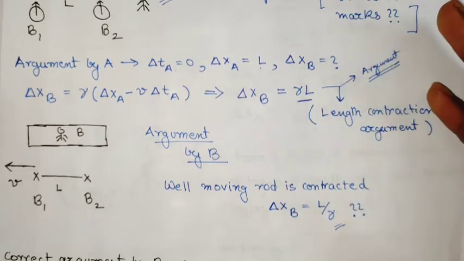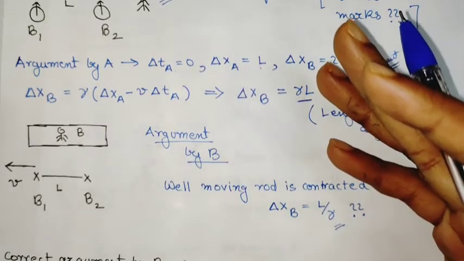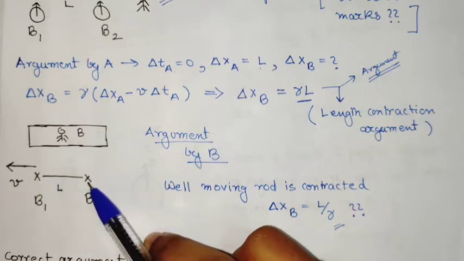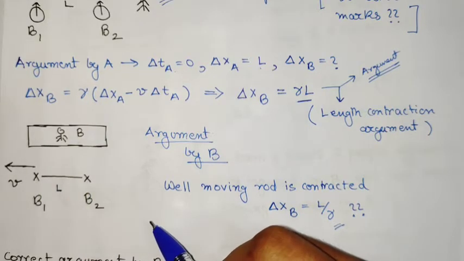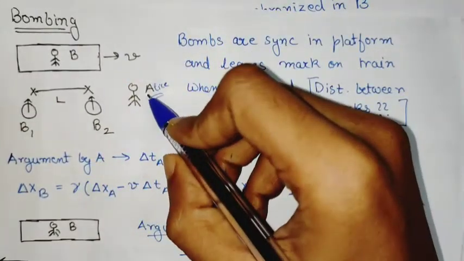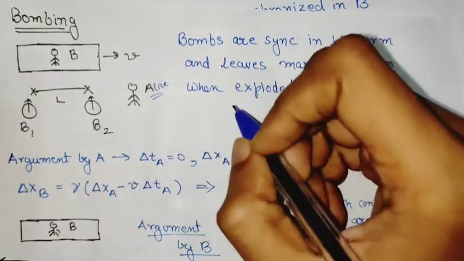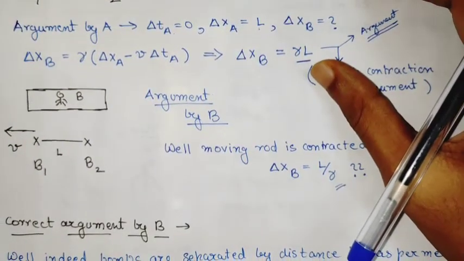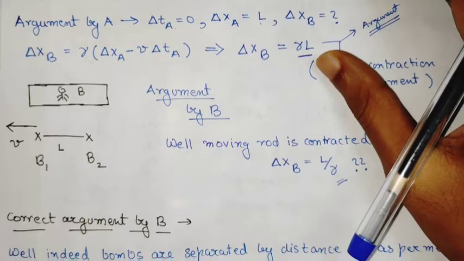But that is a different fact. What we need is the separation when the two bombs have exploded, and the bombs in the frame of B don't explode together, but in the frame of A, who was Alice sitting here, the bombs explode together. So that's why it is essential to understand the observer's point of view.